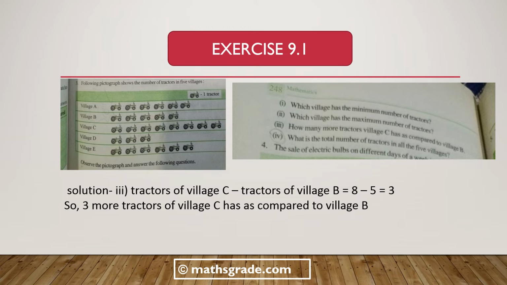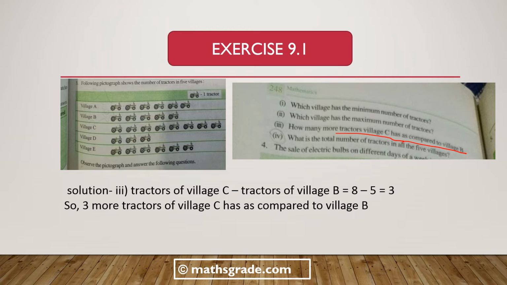Now we solve the third question. The third question is, how many more tractors does village C have as compared to village B? We have to find out the number of tractors in village C and the number of tractors in village B. Then we have to subtract.